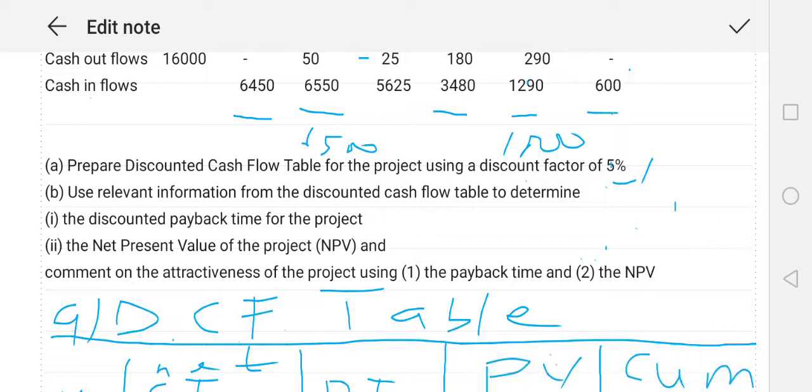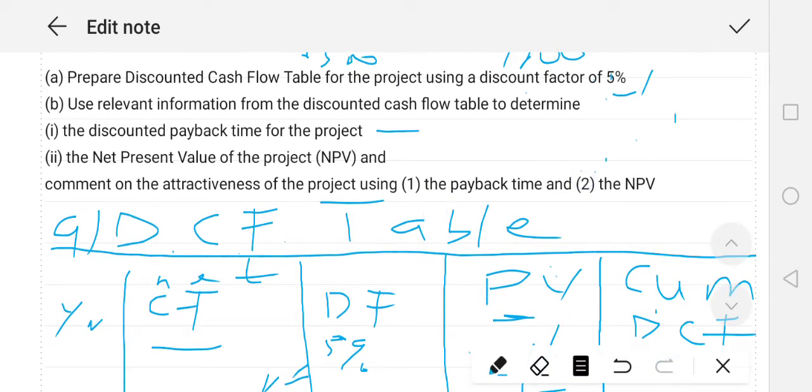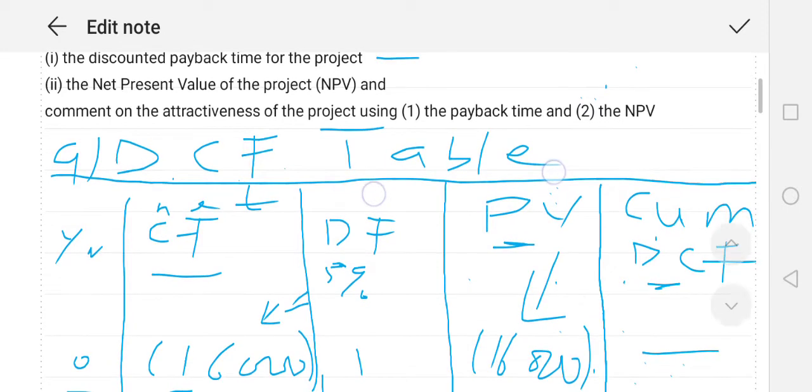The discounted payback period talks about the duration it is going to take for the investor to recoup the initial investment he made. So the requirement is that we should use the table we just prepared.